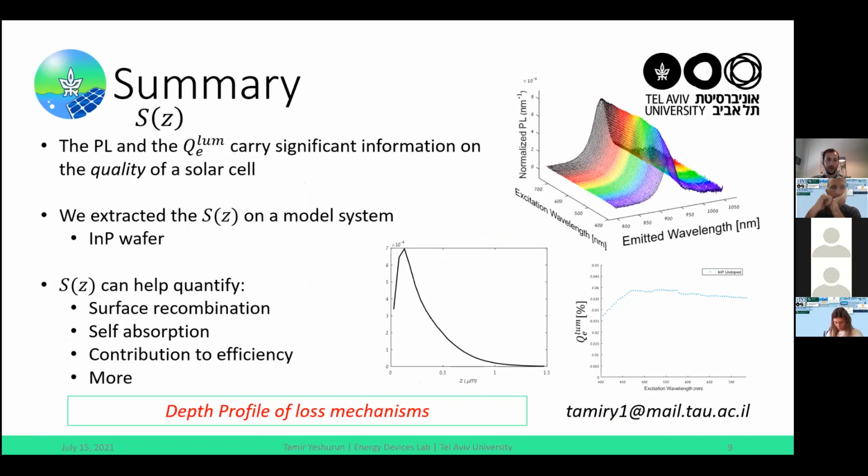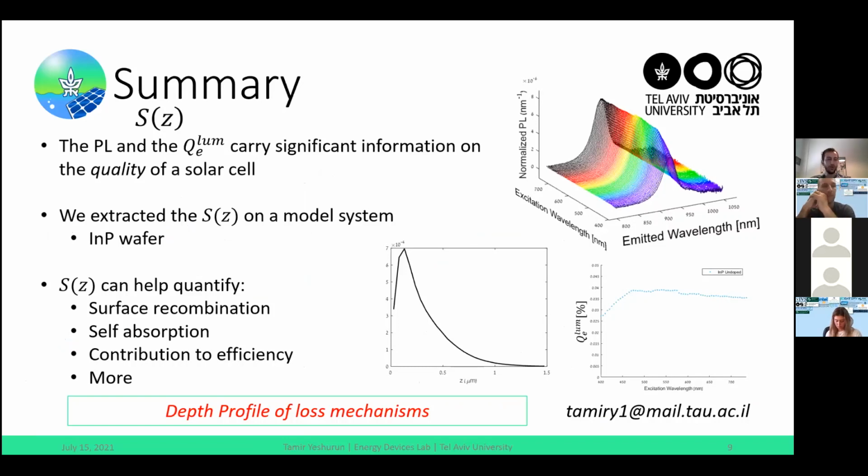So to summarize, we saw that the photoluminescence and the external quantum efficiency carry significant information on the quality of a solar cell. We extracted this spatial external luminescence efficiency on a model system using indium phosphide wafers. And this spatial luminescence efficiency could help us quantify things such as surface recombination, self-absorption, and a total contribution to the efficiency.